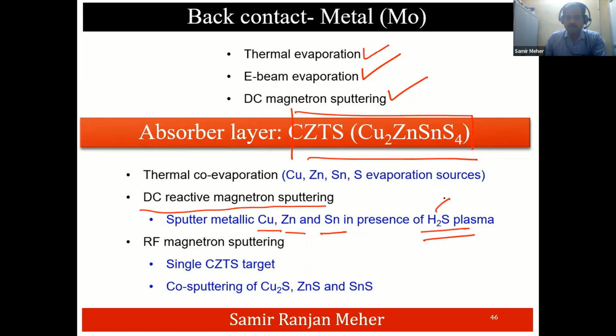So the plasma will be argon plus H2S. H2S is going to act as the reactive species in this case. It will act as the source of the sulfur, and ultimately we will end up with copper zinc tin sulfide. But again, H2S is very toxic and it will corrode the chambers and all. So we have to look at it in a very precise way.